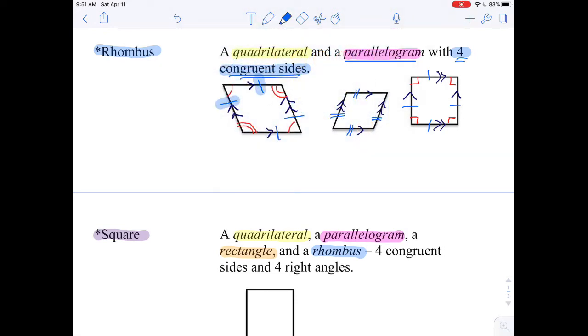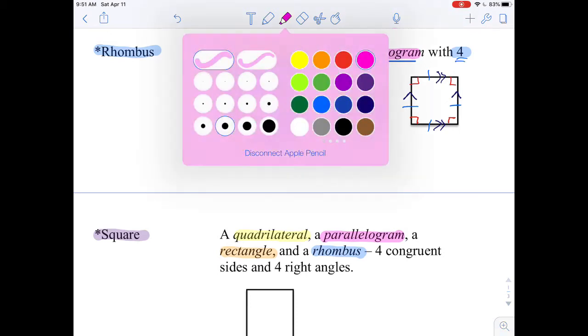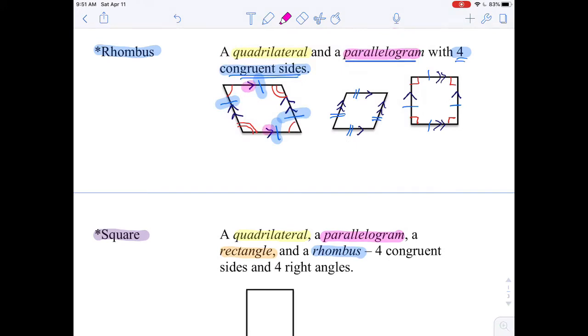So these hash marks right here, if they're all the same amount of hash marks, that means they are congruent. They're the same. So that does have 4 congruent sides. I can also see that it does have 2 pairs of parallel sides. So I know it is a rhombus.